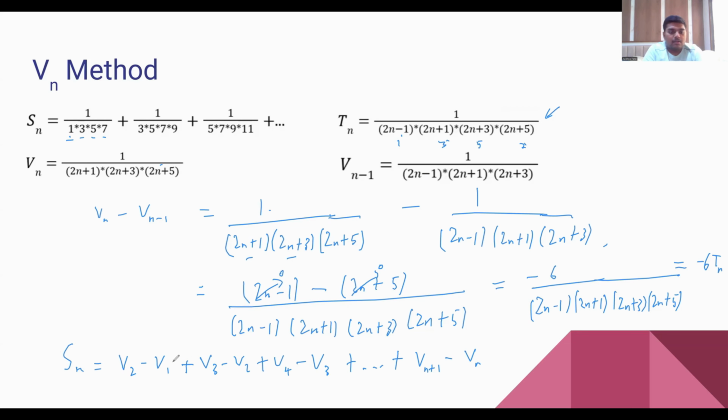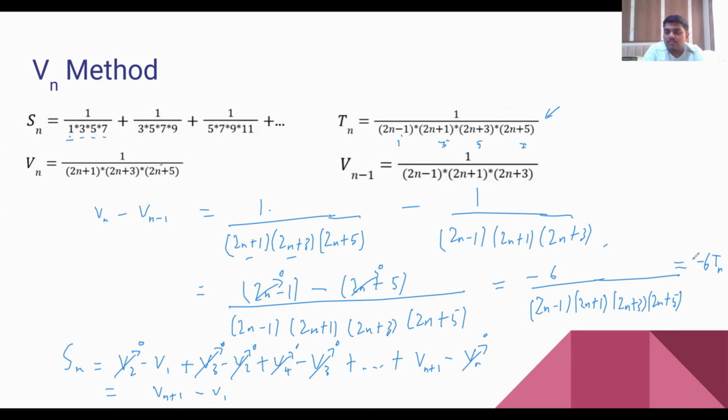Now here, this will be cancelled out. This will be cancelled out. This will be cancelled out up till cancellation of Vn. So this is equal to V(n plus 1) minus V1.